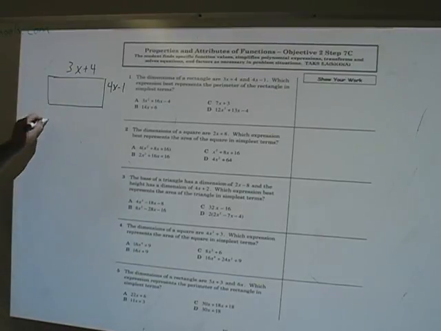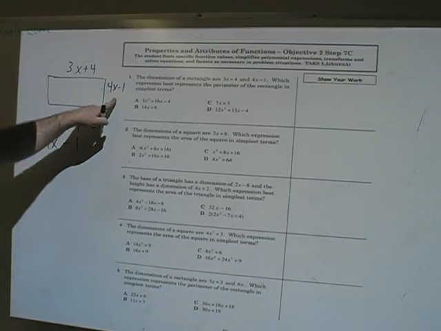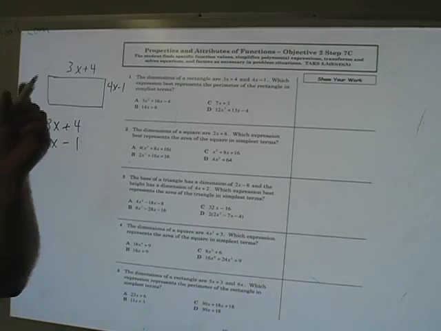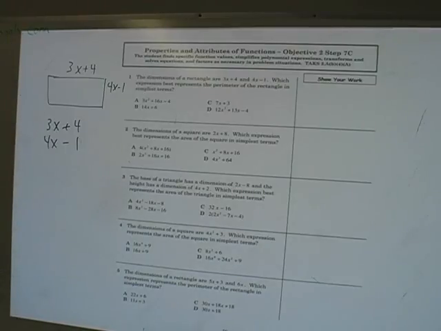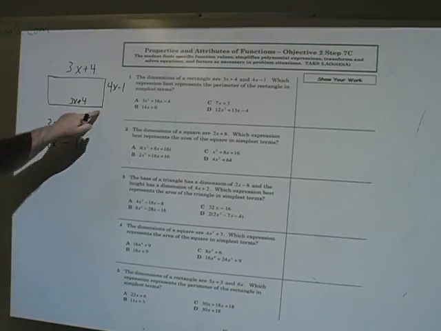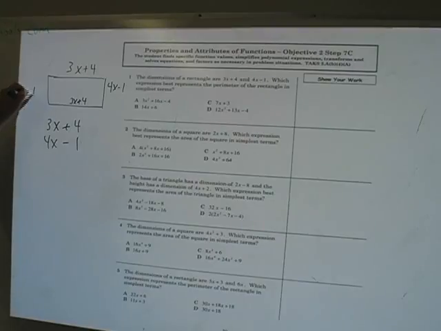So 3x plus 4 plus 4x minus 1. Now remember, you've got to go all the way around the figure. So we've got to come down here and do another 3x plus 4 and another 4x minus 1.